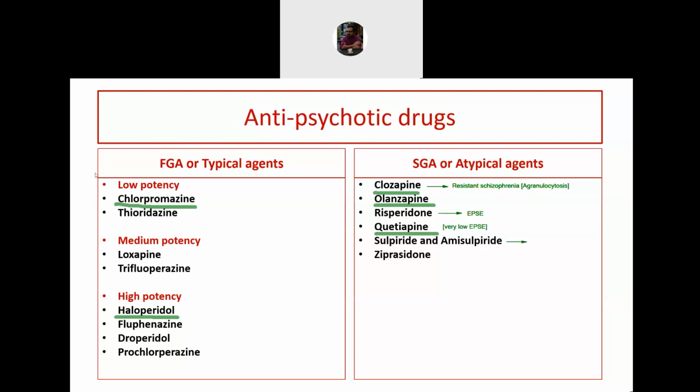Sulpiride and amisulpiride, when used in low dose, are useful to treat negative symptoms. And ziprasidone has prominent effect on the mood, and therefore is often used in schizophrenia associated with mood disorder, also known as schizoaffective disorders. So in a nutshell, these are the properties of the drug, and all of them block D2 receptor in the brain.